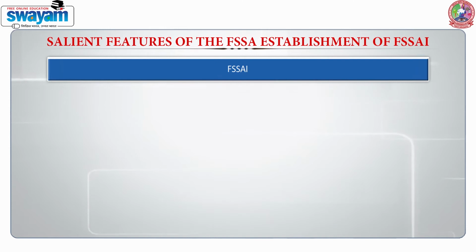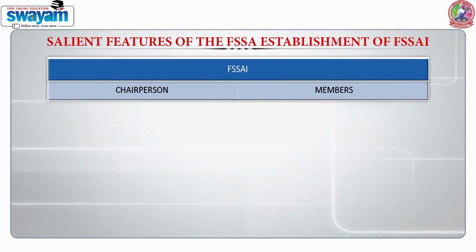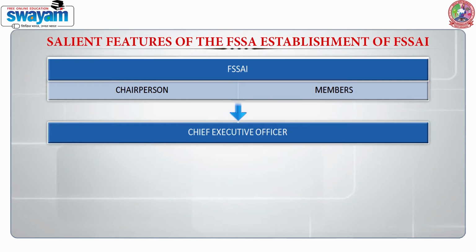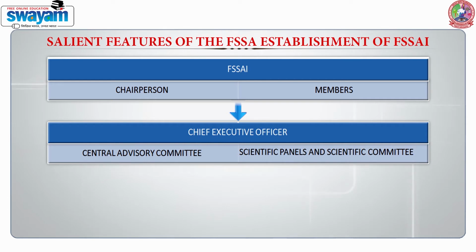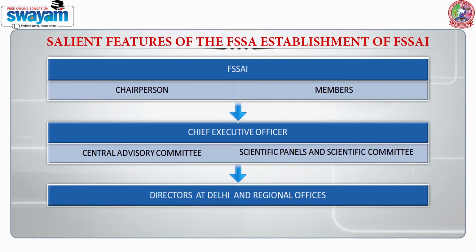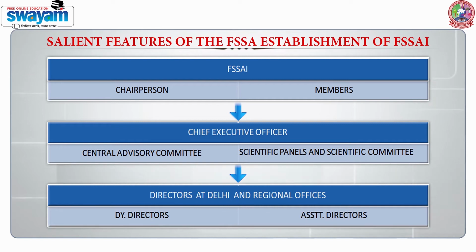This FSSAI authority has a chairperson and a number of members. It also has a chief executive officer. It has a central advisory committee and a number of scientific panels and scientific committees. We have the directors at Delhi and various assistant directors also at the regional offices.